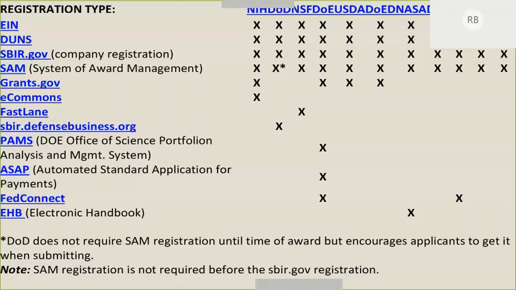Grants.gov, not a lot of agencies use grants.gov for their solicitation and submission. But some of the agencies like NIH use grants.gov. Department of Energy uses grants.gov. And the USDA and the DOE, those agencies don't buy a lot of stuff.